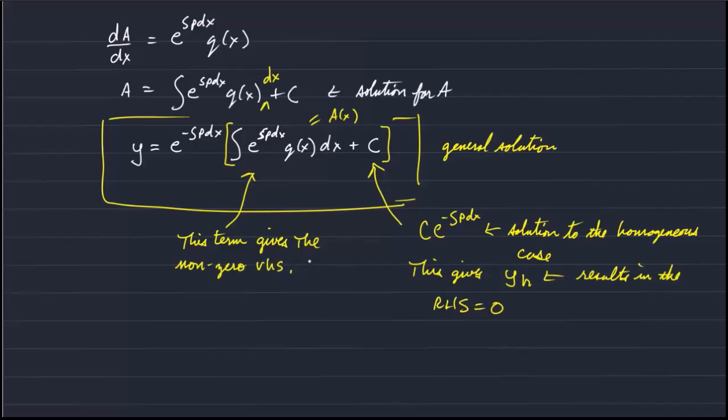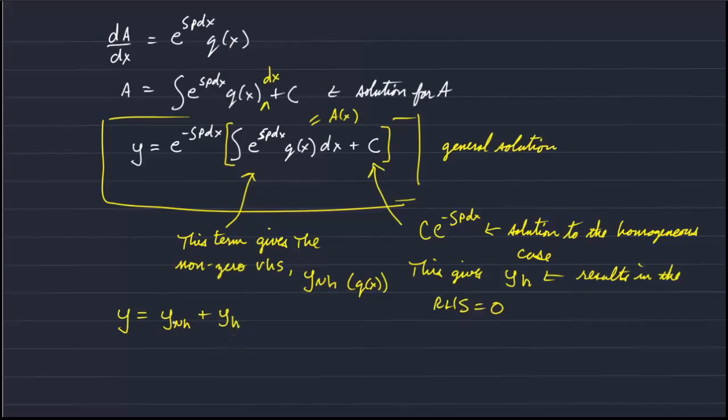And let's call that part of y the non-homogeneous part of y, I guess. Let's call that y n h. So we can describe y as the sum of two terms. The first part gives the non-zero right-hand side, the non-zero right-hand side being q of x, plus the term that gives 0 on the right-hand side, the homogeneous case.